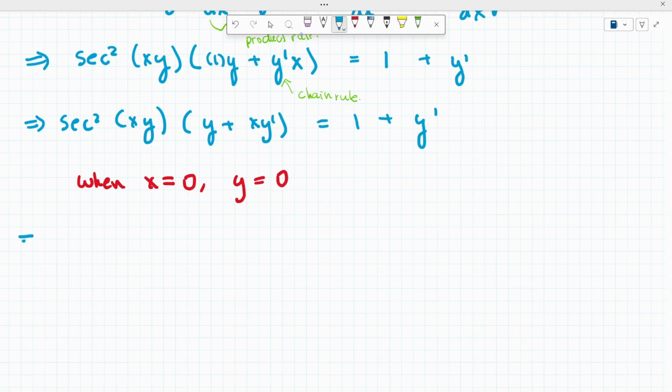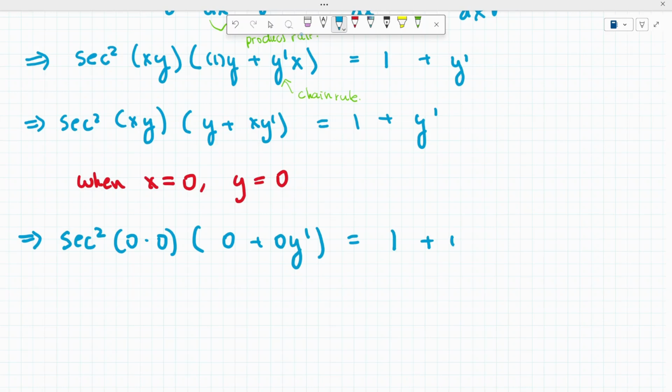Okay, so let's go ahead and plug this in. So now we've got secant squared of 0 times 0 multiplied by 0 plus 0 times y prime equals 1 plus y prime at 0.